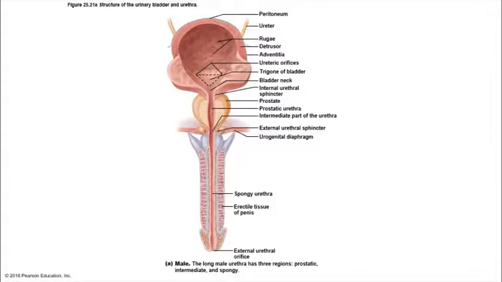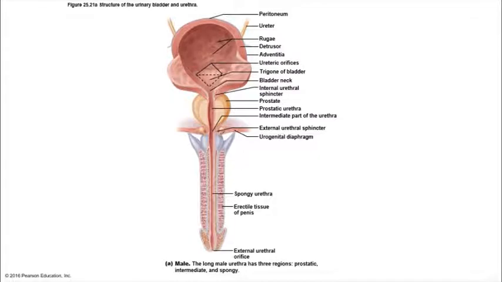And at the floor of your pelvis is a little muscle we call the urogenital diaphragm. That's what you're seeing in the image. It's the little flat pancake-like muscle. And you can see some of it surrounds the urethra. So that part of the urethra passing through the urogenital diaphragm is what we call the membranous urethra, or the intermediate part of the urethra.